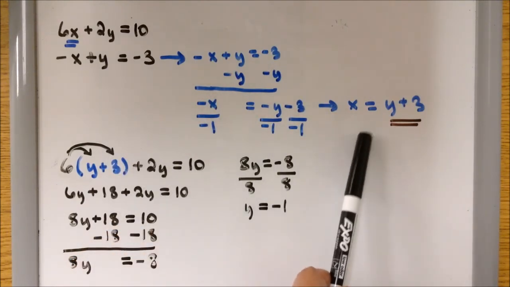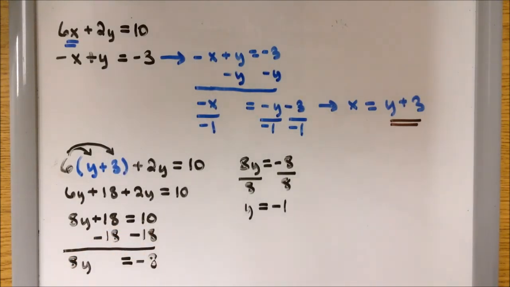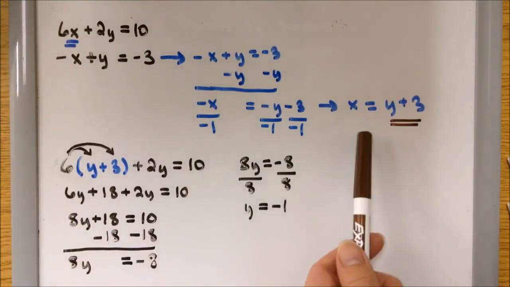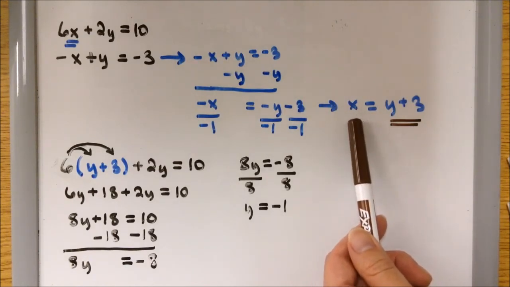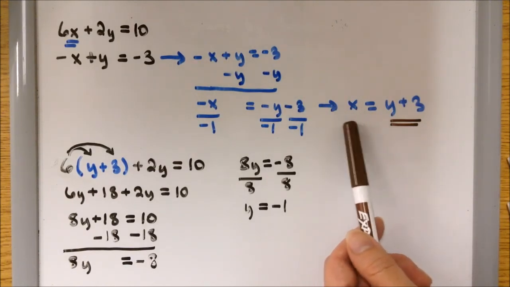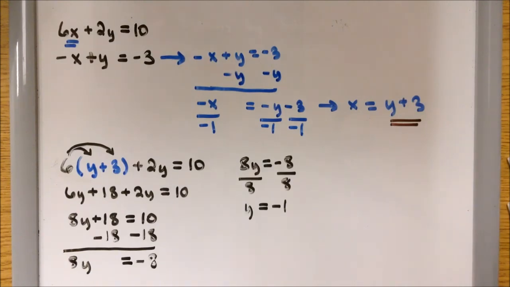So let's say I use this one right here. So again, you can perfectly use the original first or the original second, and you'll still come out with the same answer. In this case, since we're looking for x and this equation is equal to x, we're going to use that.